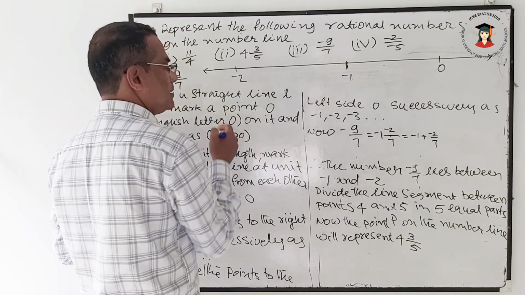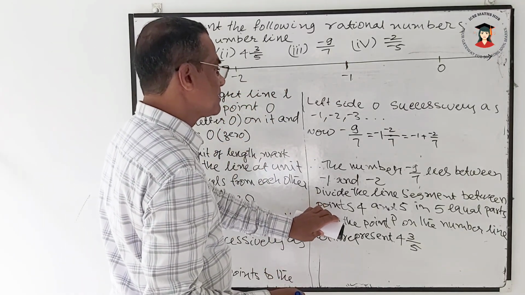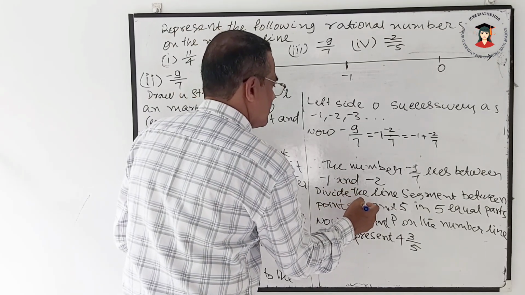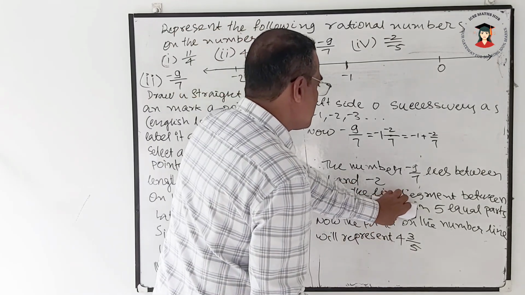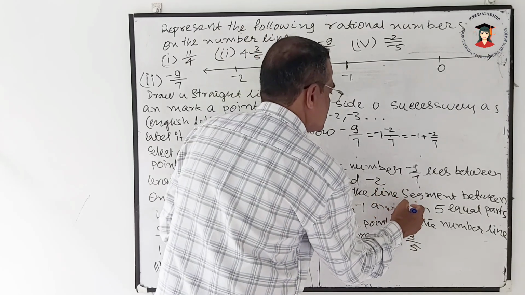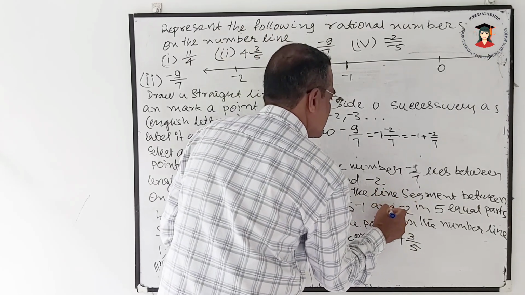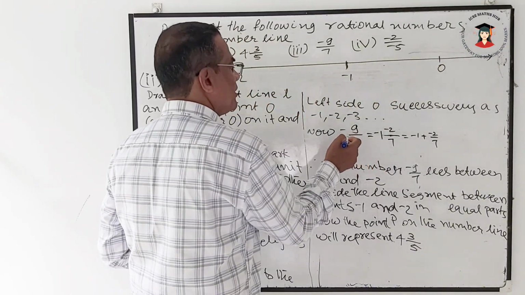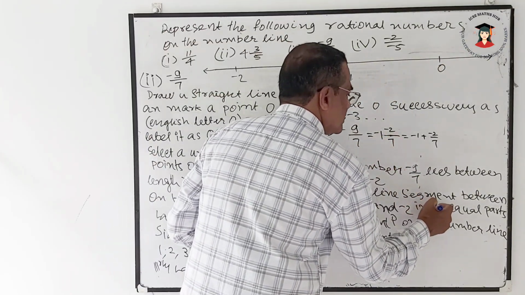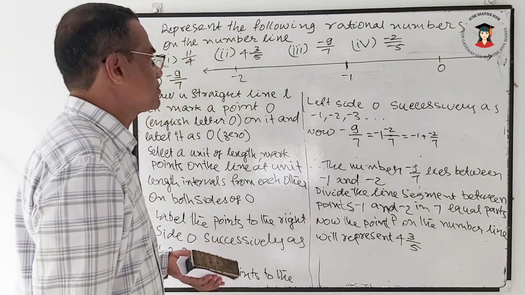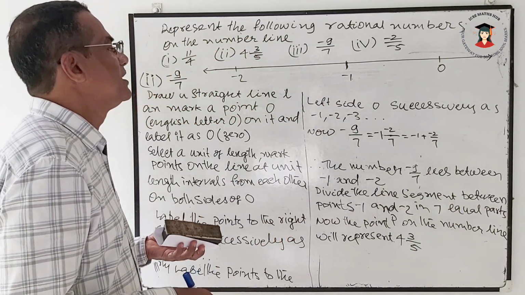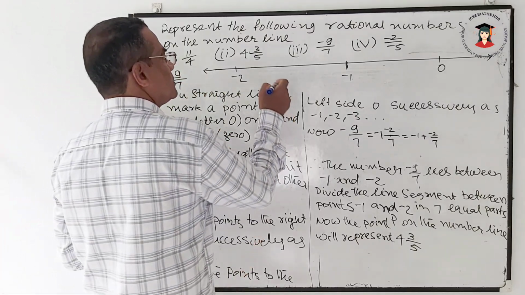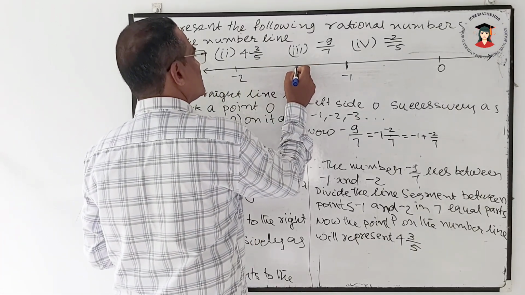So divide the line segment between minus 1 and minus 2 into how many equal parts? Since the denominator here is 7, we need to divide it into 7 equal parts, and each part will be equal to minus 1 by 7. So into 7 equal parts.